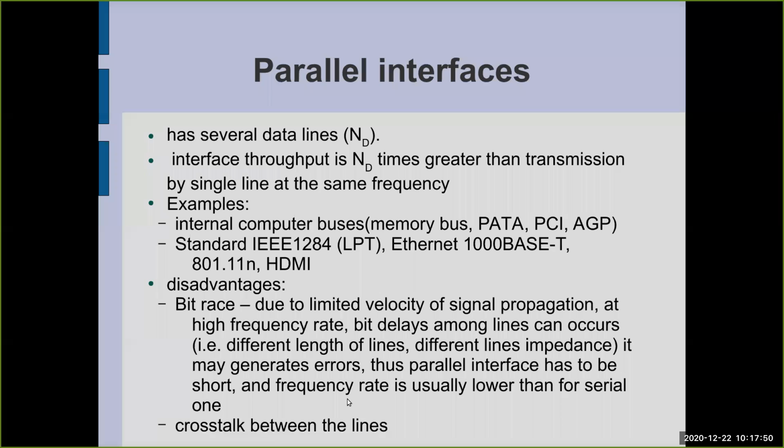So it may happen that if a neighboring line is 0, but all surrounding lines change from 0 to 1 or from 1 to 0, on this line we can observe disturbance. So potentially the receiver may detect an additional bit or improper line state.